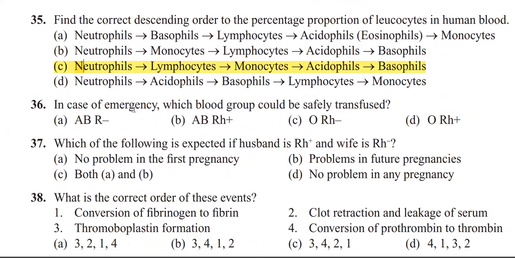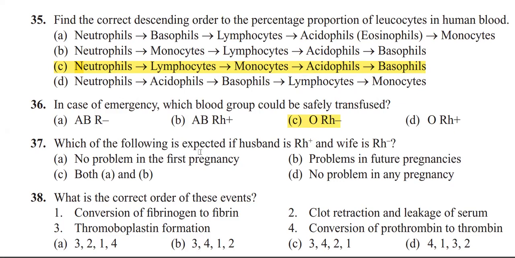In case of emergency, which blood group could be safely transfused? AB negative, AB positive, O negative, O positive. That is O negative. Which of the following is expected if the husband is Rh positive and the wife is Rh negative?